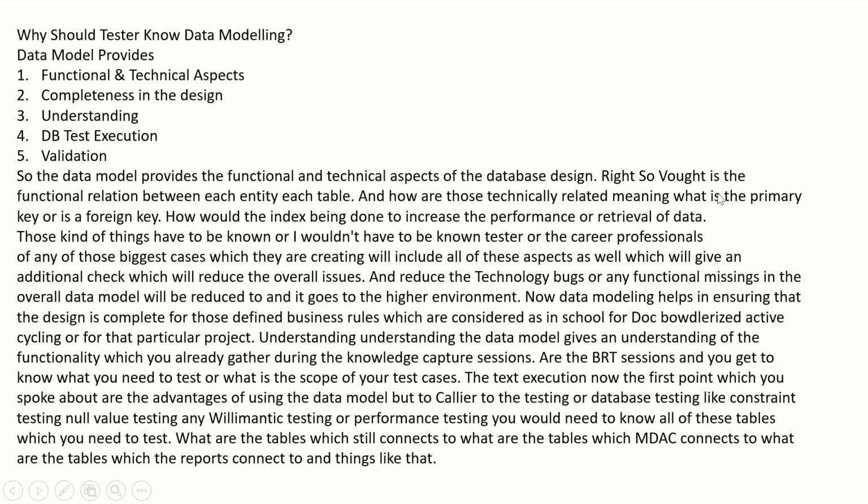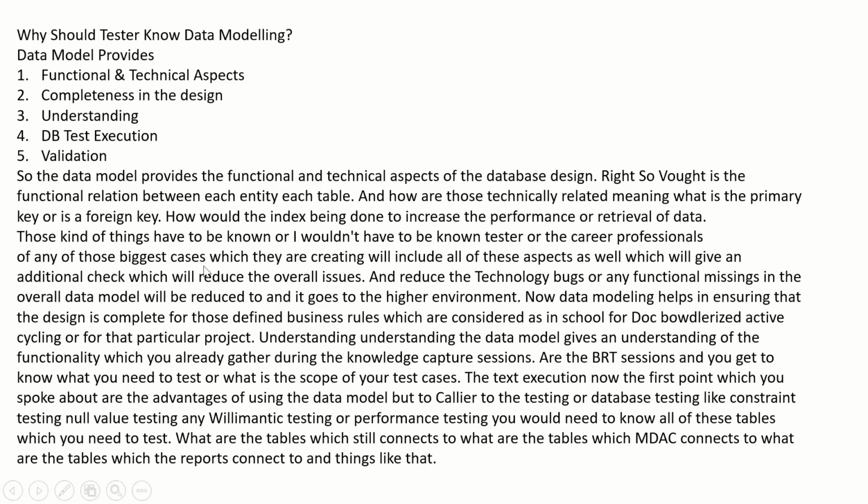What is the functional relation between each entity, each table, and how are those technically related? Meaning, what is the primary key or foreign key? How would the index be done to increase performance or retrieval of data? Those kinds of things have to be known by the tester.